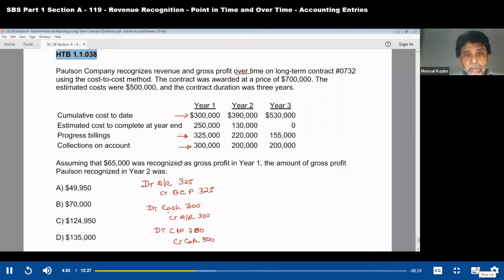And then comes, this is the balance sheet accounts, right? Then comes the income statement accounts. For income statement accounts, what would we do? Debit construction expense. Okay, so debiting construction expense with this 300.